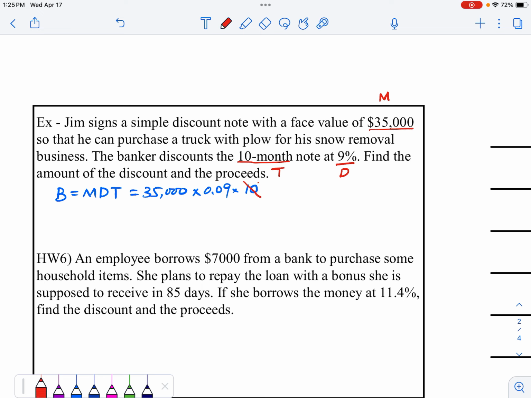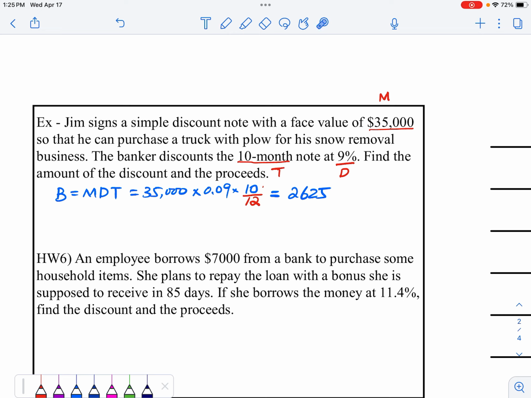This is incorrect. It cannot be 10. How do you make it correct? Keep in mind the T is measured in the units of year. You have to divide this by 12 because in 1 year there are 12 months. It turns out this is $2,625. And this is the bank discount.